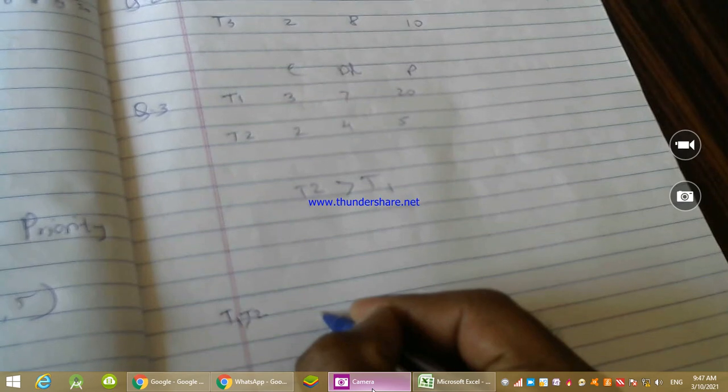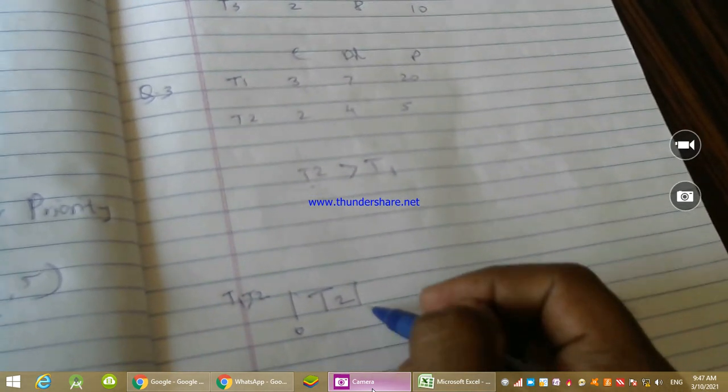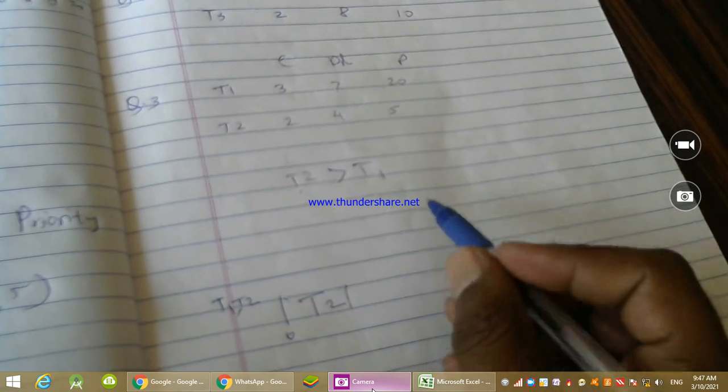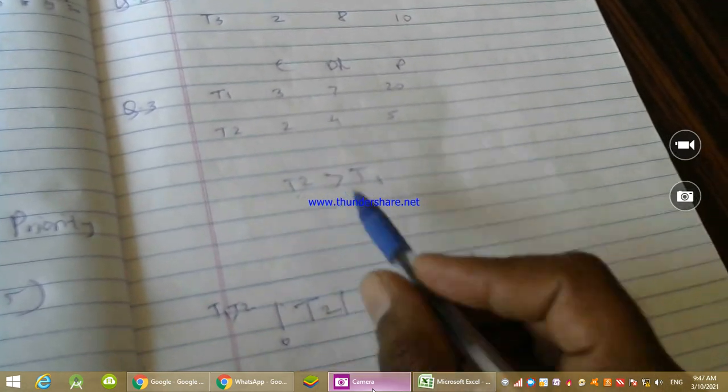Let's take T2 first. I have started from 0, T2. T2 will execute up to 2 units.